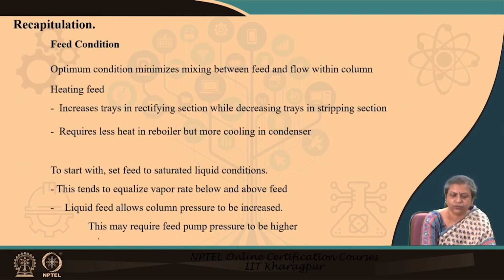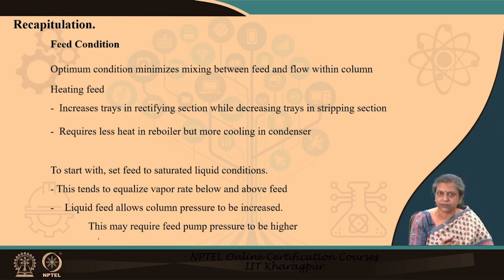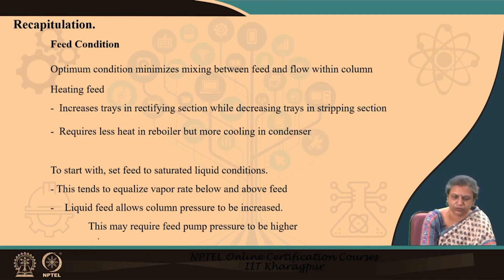The primary reason for doing this is that we would like to minimize the heat transfer or interaction between the feed and the streams within the column, right, because in this interaction, if some amount of enrichment is lost, that is not going to be a desirable situation.